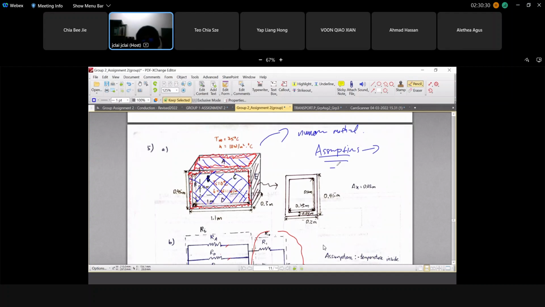You must realize, it actually depends on your assumption. It depends on how you derive the equation and all the assumptions you make when you derive the equation. As long as you are able to explain clearly what your assumption is, and you are able to derive correctly, no one can say you are wrong.